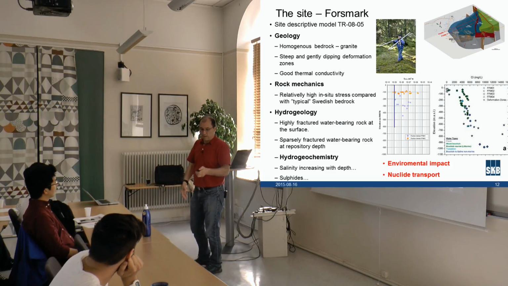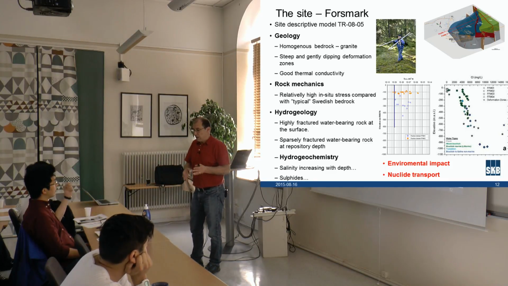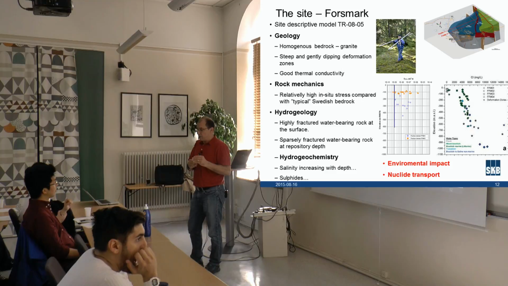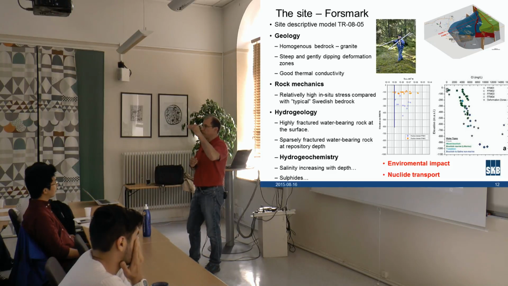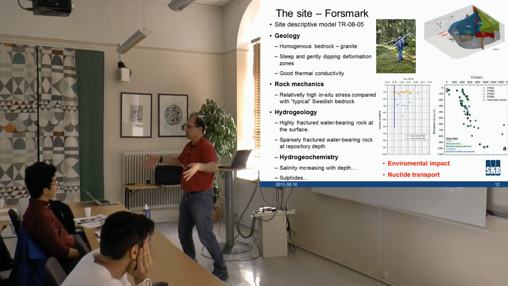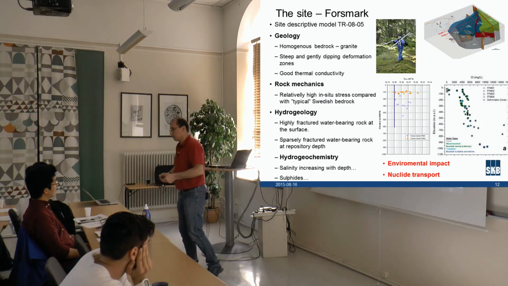This means that, together with the thermal conductivity, coupled to the thermal properties, if you elevate the temperature and have a high stress, then it fractures more easily than if you have a low stress.